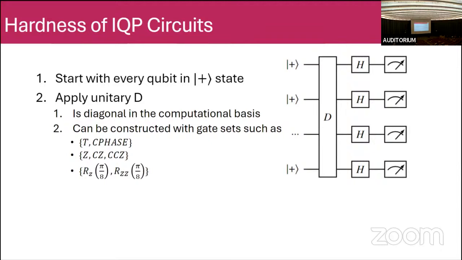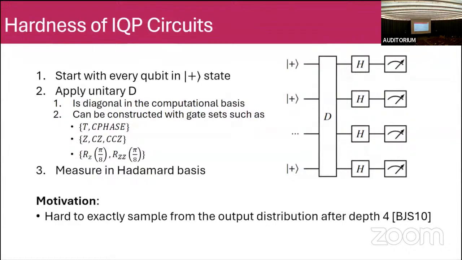These are examples of discrete gate sets that can generate such a diagonal unitary, and you'll find a lot of these in the literature. Finally, you measure in the Hadamard basis. So you do your state prep and your measurement in the Hadamard basis, and all of the intermediate gates are diagonal.